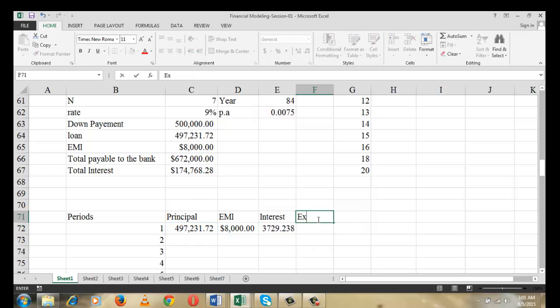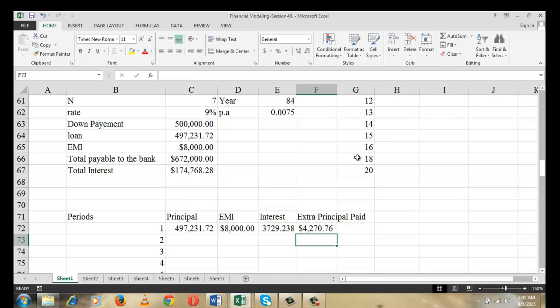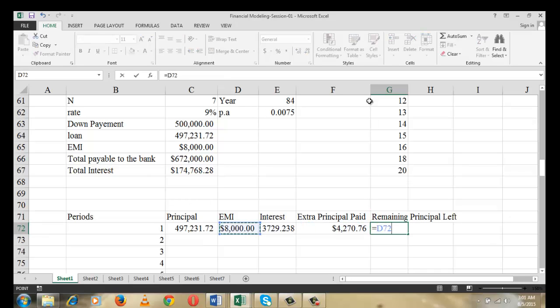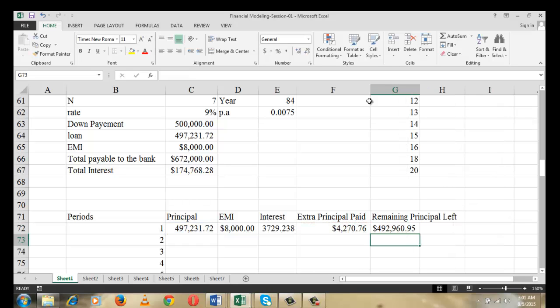So extra principal paid would be EMI minus the interest. This is the extra principal you paid, because of which the remaining principal left would be this loan minus the extra you paid, so next period this will become the principal.